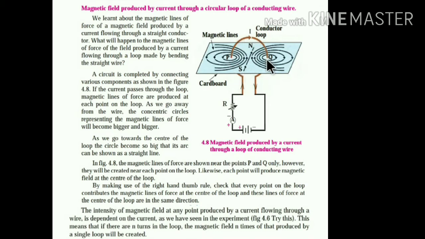Every point on the loop contributes magnetic lines of force at the center of the loop, and these lines of force at the center of the loop are in the same direction. So let us see the arrows. Here they are coming from this direction, and here the direction at the center is the same.